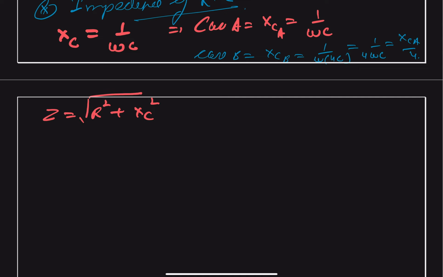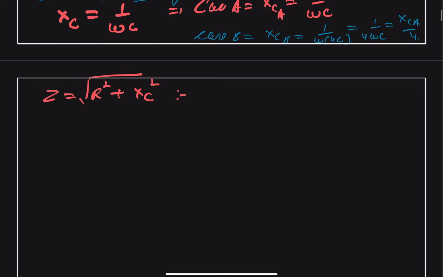And once again we divide into two cases. We have case A: ZA will be equal to the square root of R square plus 1 upon omega C, its whole square.